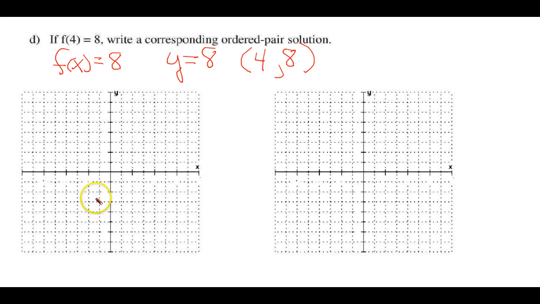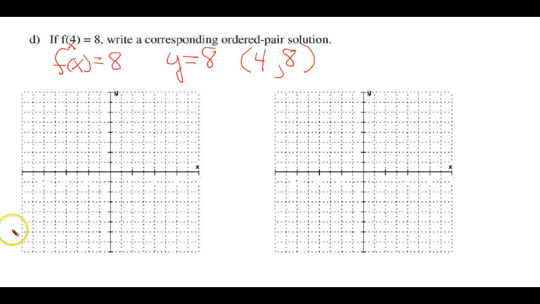So in converting from what we see here to, in a sense, function notation, we hopefully can come up with the ordered pair. So this, remember, is your x value. This whole thing is y equals 8. So we're substituting into an ordered pair. The y is 8 and the x is 4.